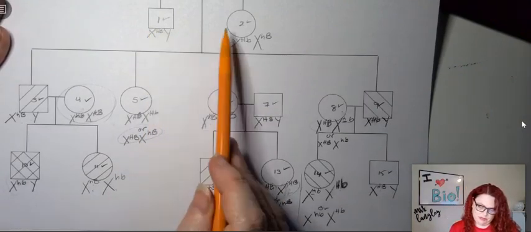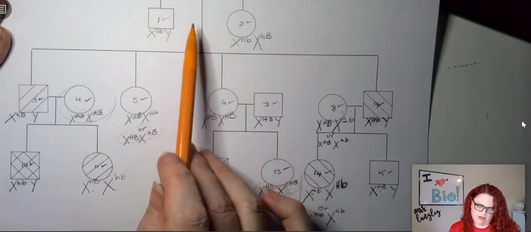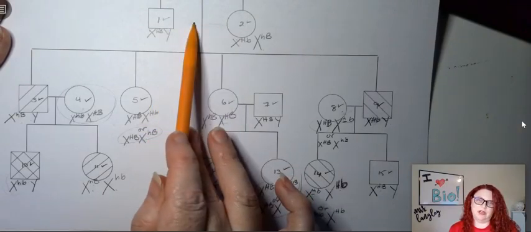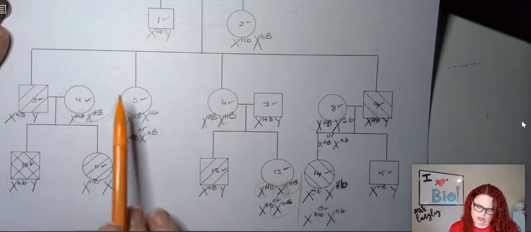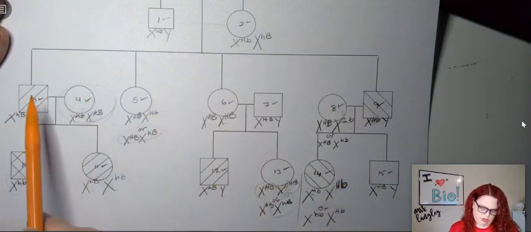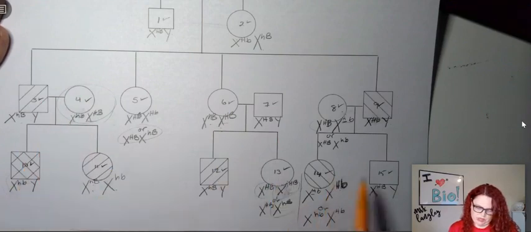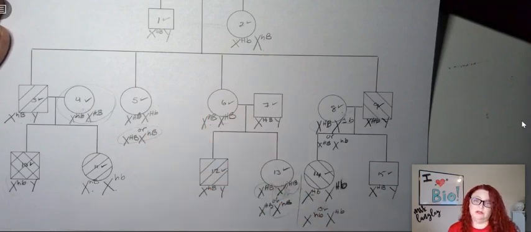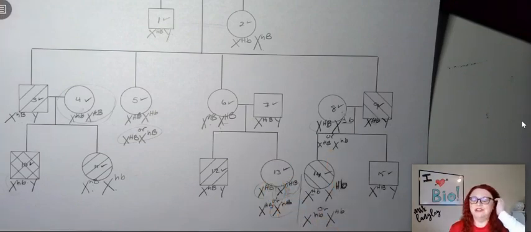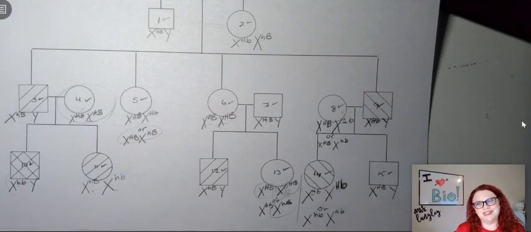The first level is a couple that have had 1, 2, 3, 4 children. Those children have had their own children, except for this one. So we're not quite sure which one she got because we don't know what she passed on or would pass on. We have some areas where they could be one or the other, and we're not sure. The only way to know for sure would be to do genetic testing or to have more offspring we can look at. Okay, so if you have questions on these, let me know.